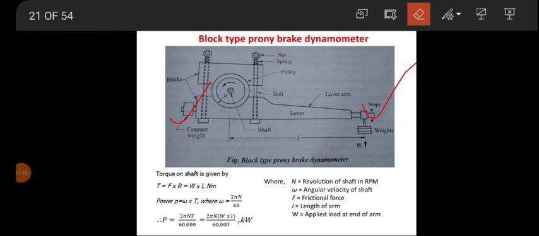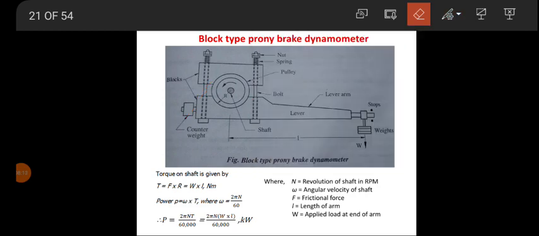L is the distance from the center of the shaft to where the weight is attached, the length of the lever. This is the construction of the Prony brake dynamometer.